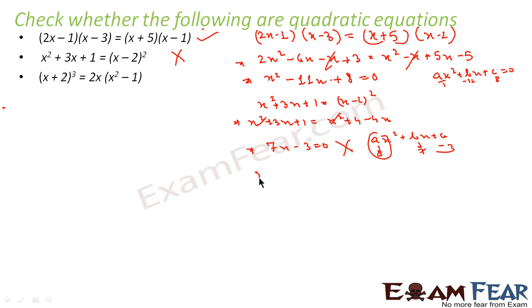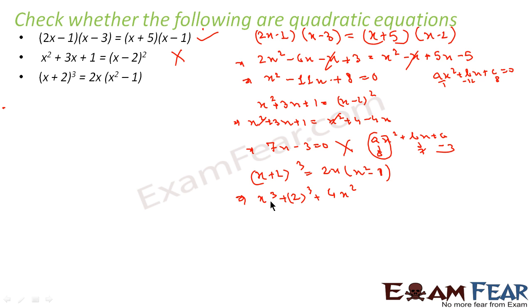x plus 2 whole cube is equal to 2x into x square minus 1. Going by this equation, let's solve this. x plus 2 whole cube is nothing but x cube plus 2 cube plus 3 into x into 2 into x plus 2.